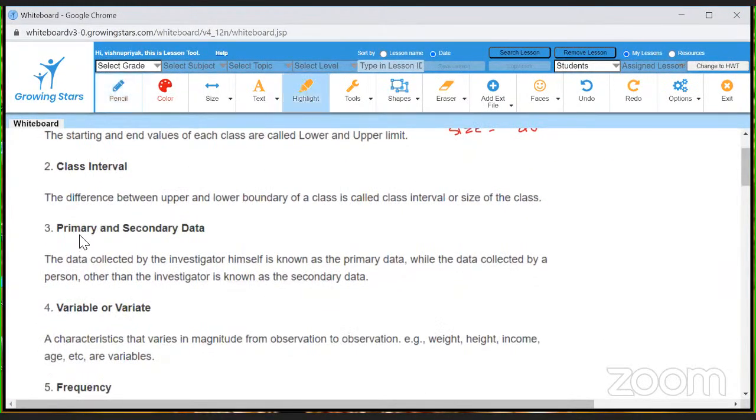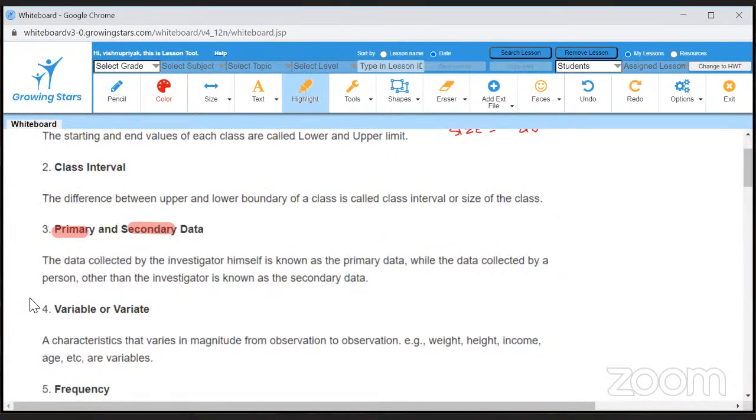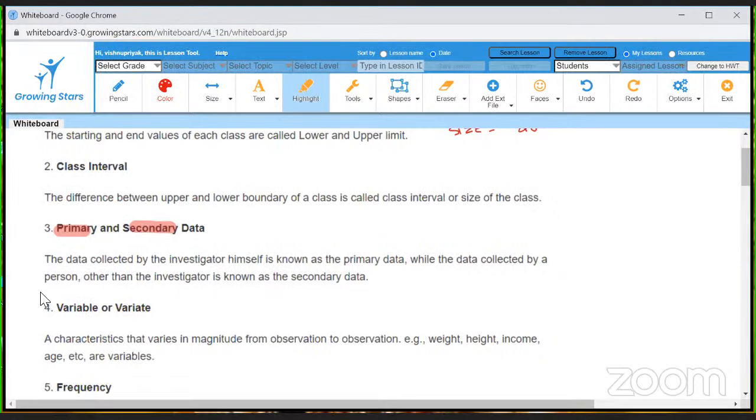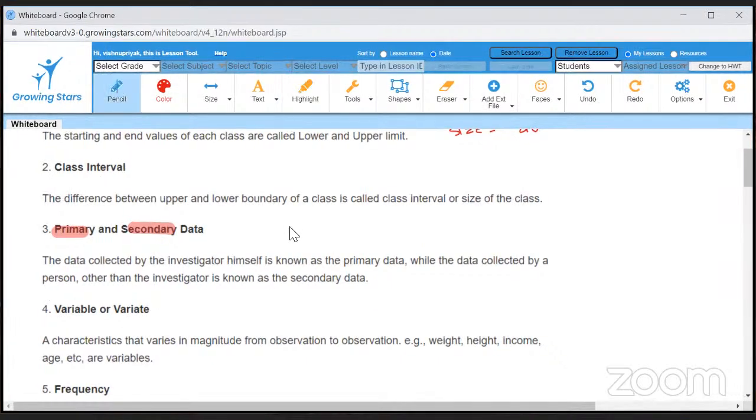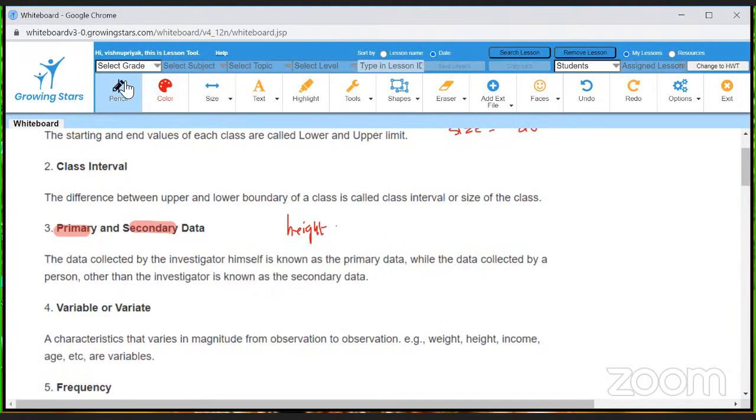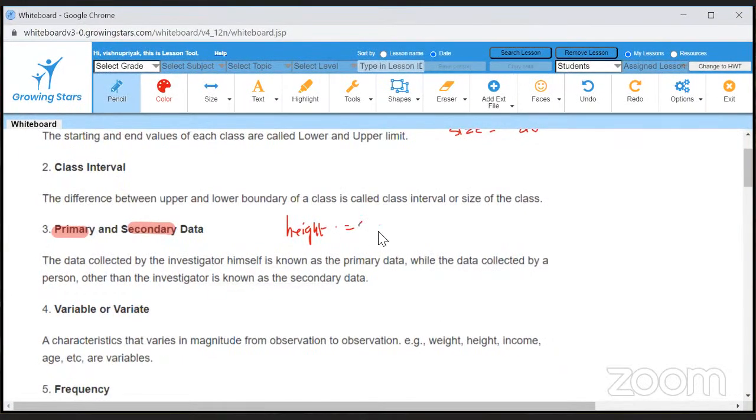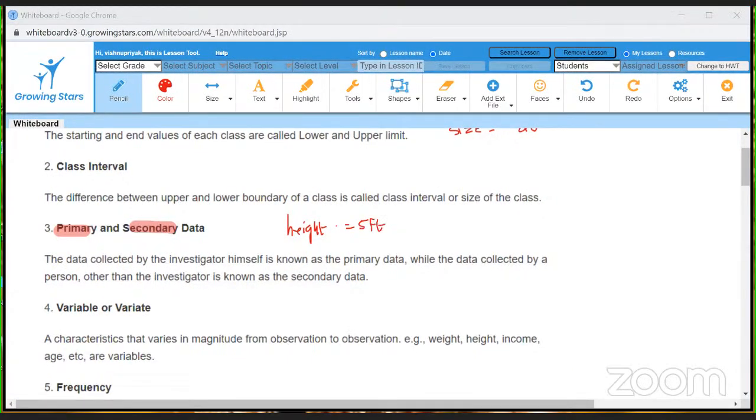The next is primary and secondary data. Suppose if I ask you to collect some data. Suppose I ask you to go to each and every student of your class and measure the height. So you will go to each student, measure the height and write it in a book. Height is 5 feet.